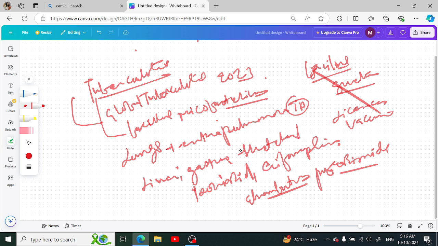Extensively drug-resistant TB is resistant to isoniazid and rifampicin, any fluoroquinolone, and at least one of the three injectable second-line drugs. Totally drug-resistant tuberculosis is resistant to all first and second line TB drugs.